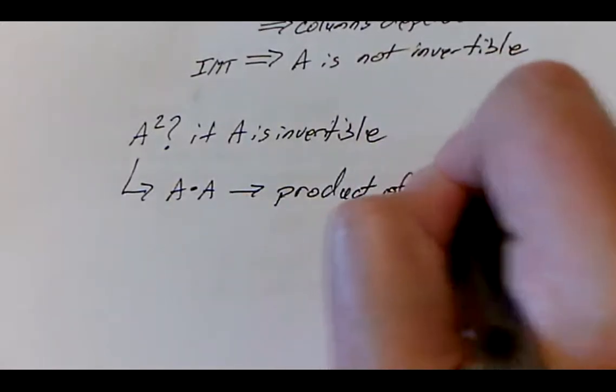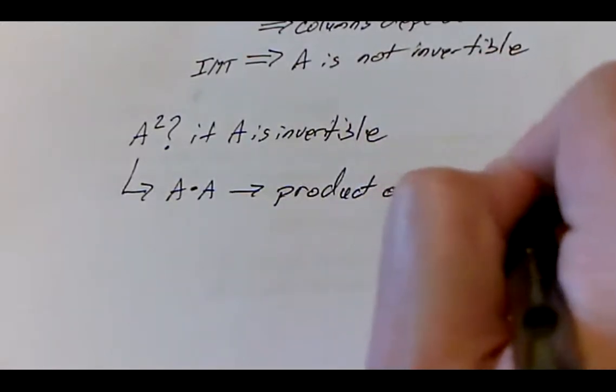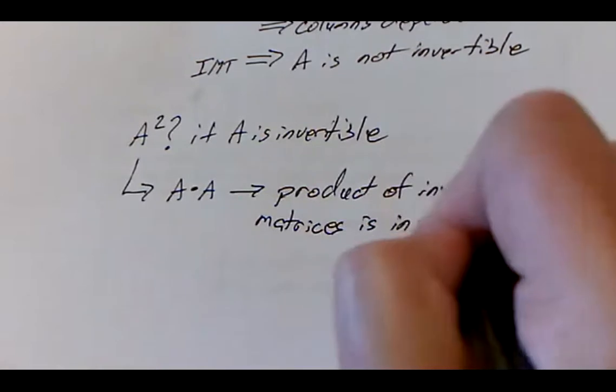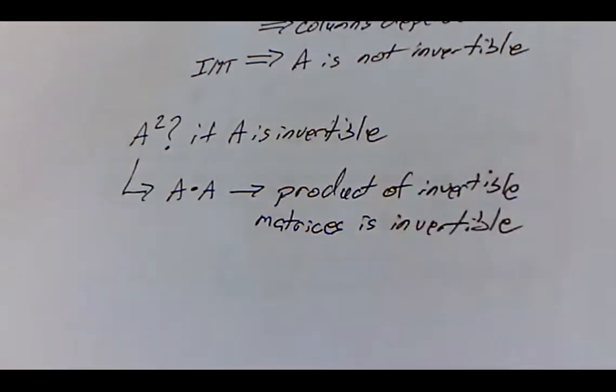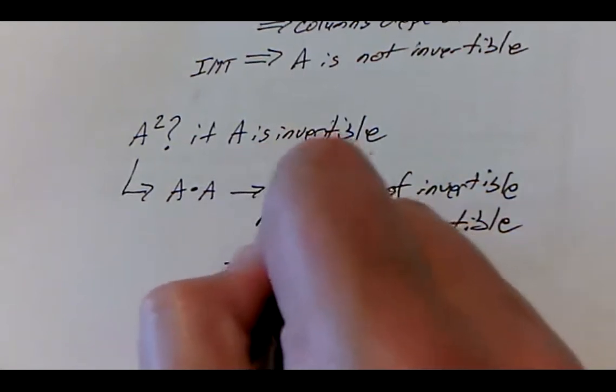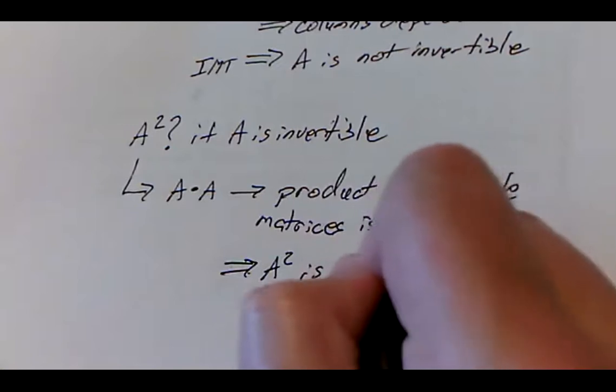The product of two invertible matrices is invertible. So the product of invertible matrices is invertible. So if the product of invertible matrices is invertible, then A squared is invertible.